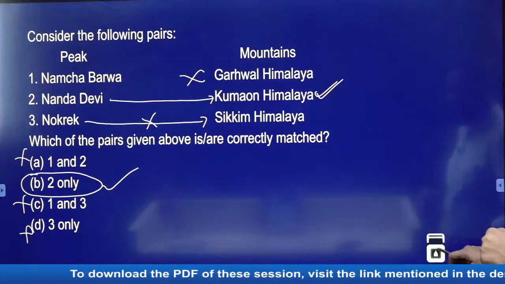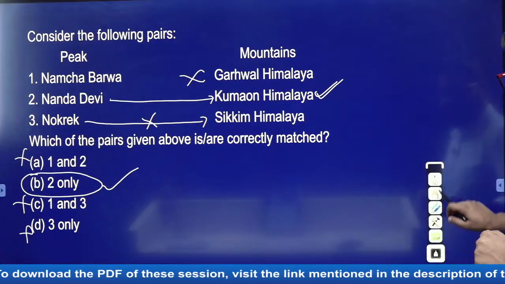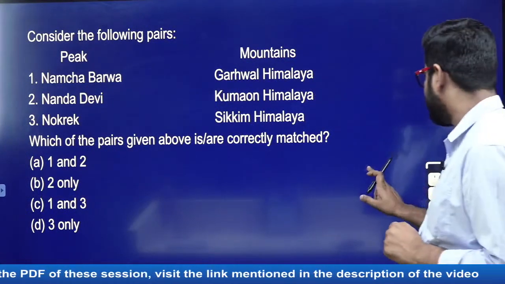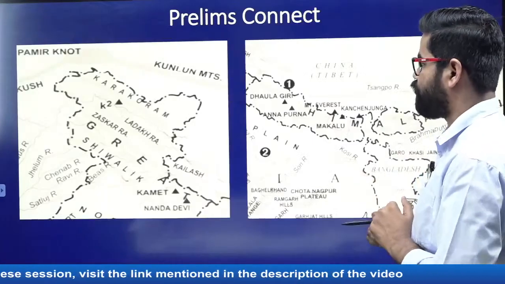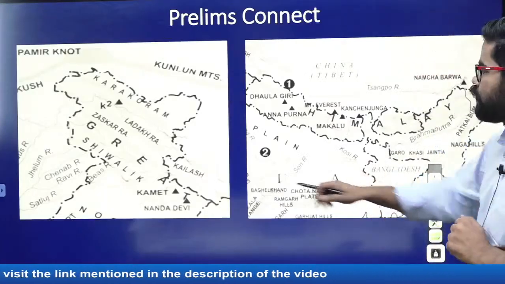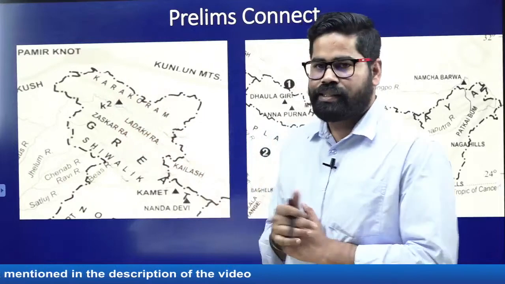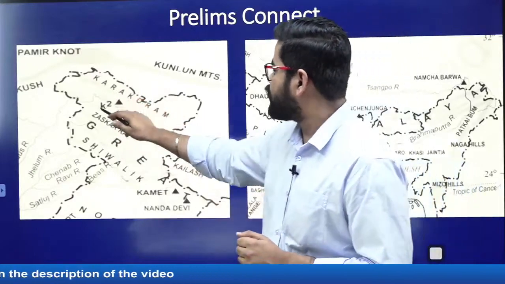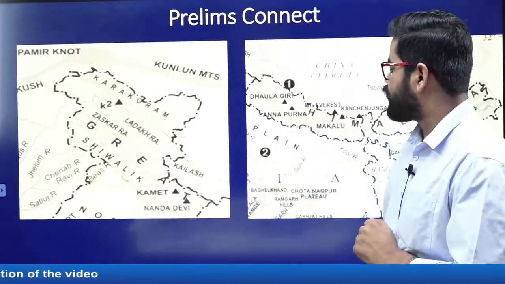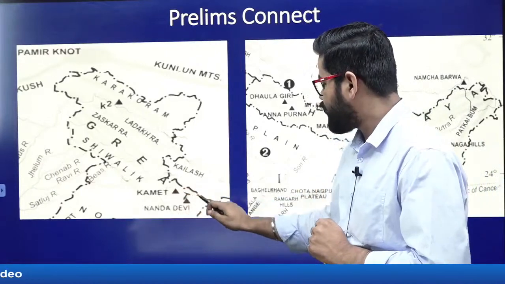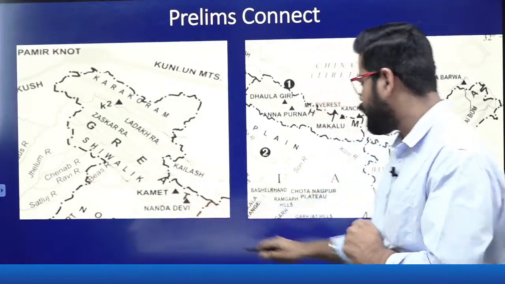Now let's see these areas on the map. On the western side of the Himalayas we have certain ranges like the K2 range, the Kamet range, and the Nanda Devi range.